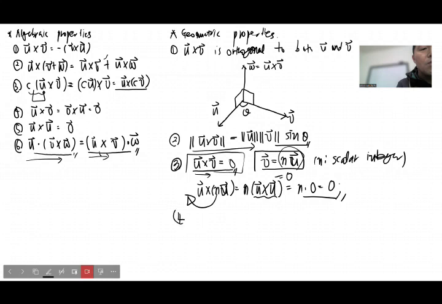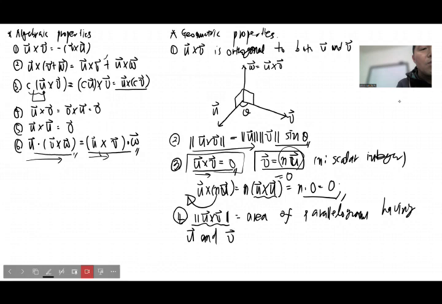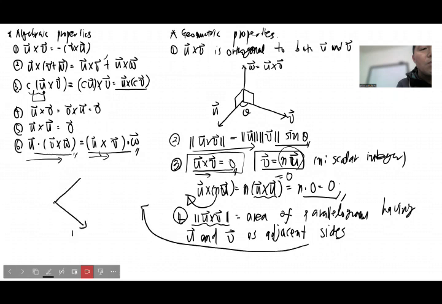Okay. And number 4, the magnitude of the cross product of two vectors u and v is normally the area of the parallelogram having u and v as adjacent sides. So that is, you have the u vector and angle theta, this is the v vector.